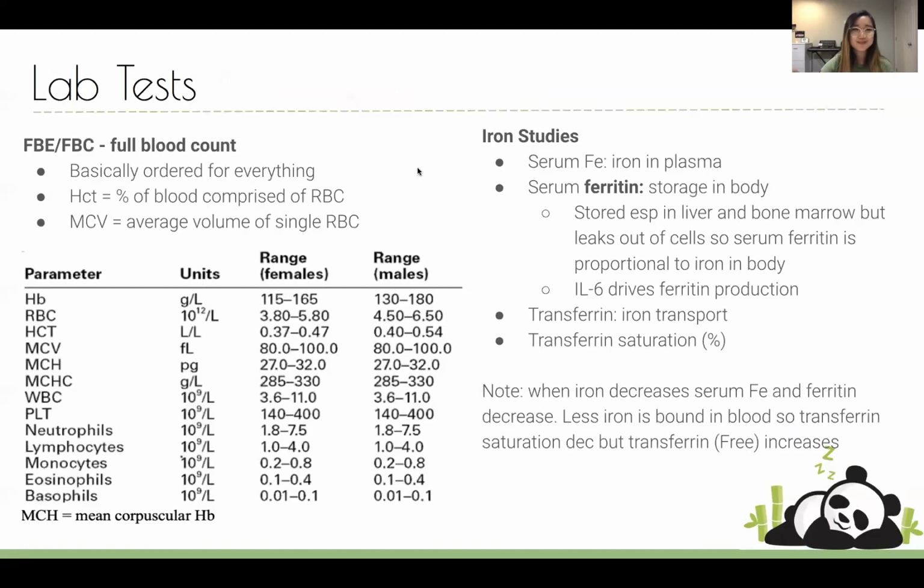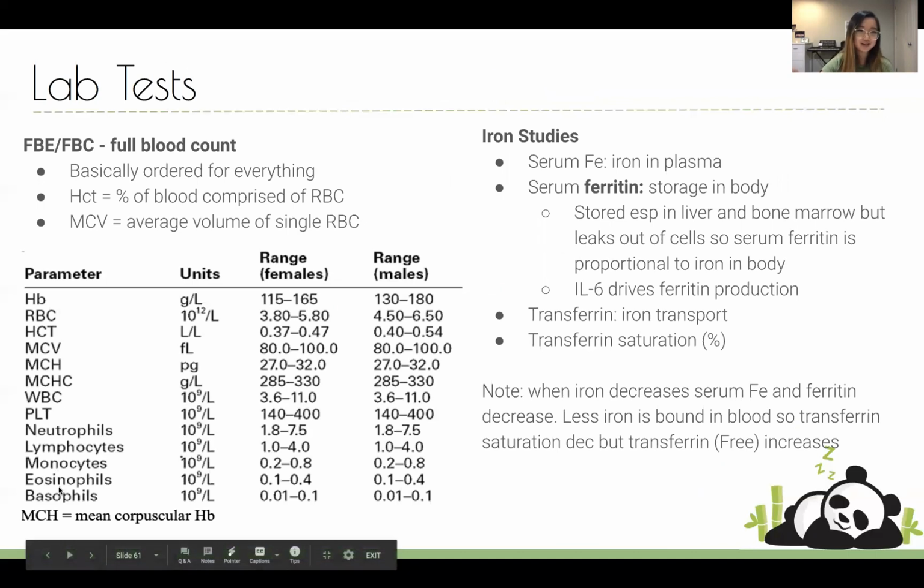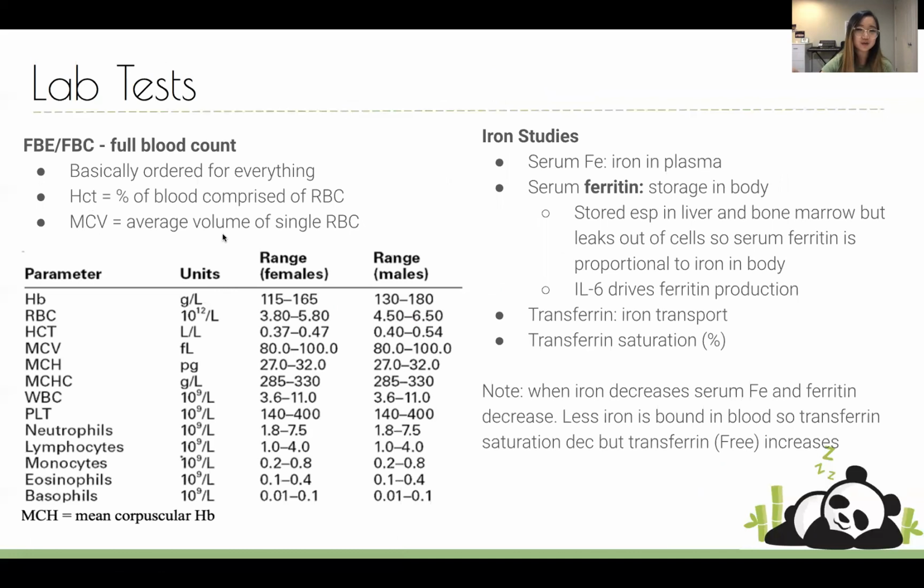Investigations, we're almost done. You have an FBE or FBC, that's your full blood count. It's basically ordered for everything, and it gives you the cell numbers for everything. Mean corpuscular volume, which I talked about before with anemia, is the average volume of a single red blood cell. That should be 80 to 100.